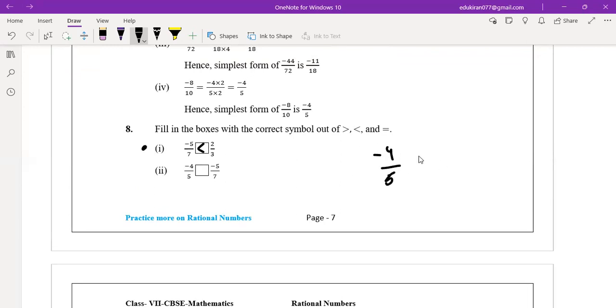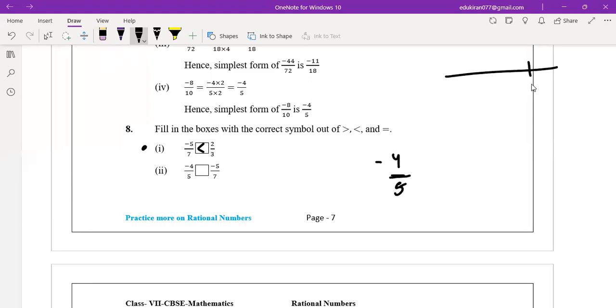Ma'am, should we find the LCM? No, wait a minute. Because over here I got two conclusions, so I just need to clarify both. First, what Sindhu said is correct, but there is a mistake. What Sindhu said is that the negative one is basically opposite.